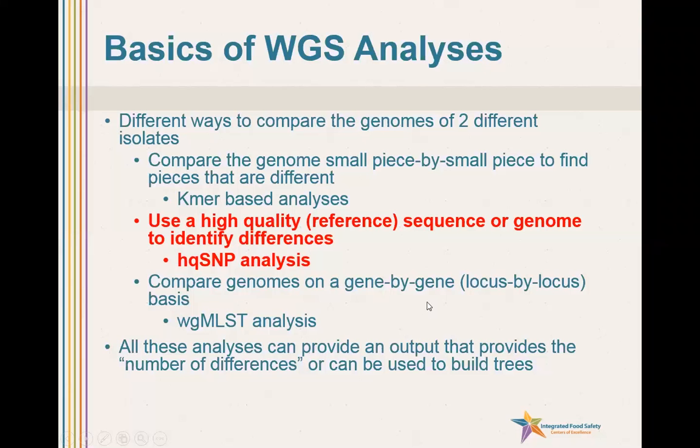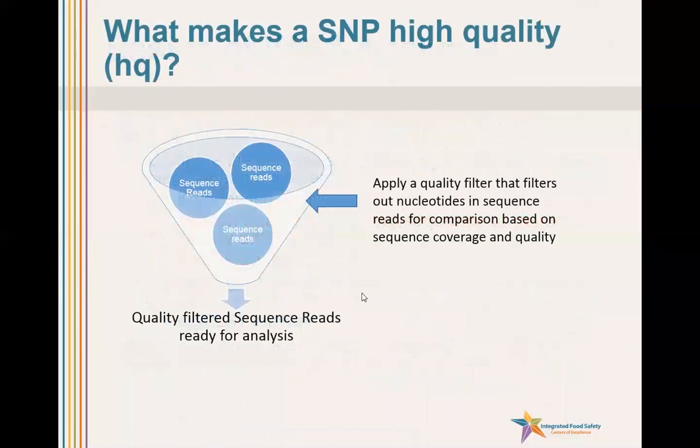So the first part I'm going to cover is high-quality SNP analysis to identify differences between isolates, and that could be bacterial isolates, fungal isolates, viral isolates. So what makes a SNP, single nucleotide polymorphism, high quality? The idea is basically to apply certain filters that take out nucleotides where we're not as sure as we want to be that these are correct.